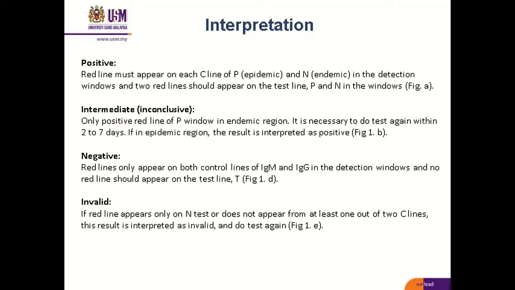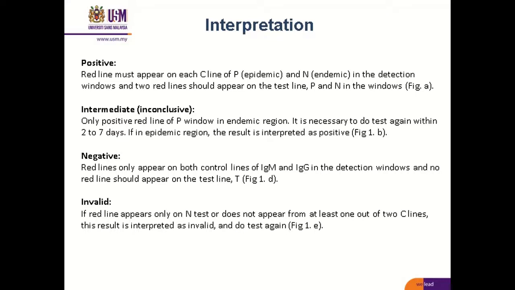The test line is written as T and the control line is written as C. For intermediate, only a positive red line of the P window in the endemic region, it is necessary to do the test again within 2 to 7 days. If in an epidemic region, the result is interpreted as positive. And for negative, red lines only appear on both control lines of the IgM and IgG in the detection window, and no red line should appear on the test line.